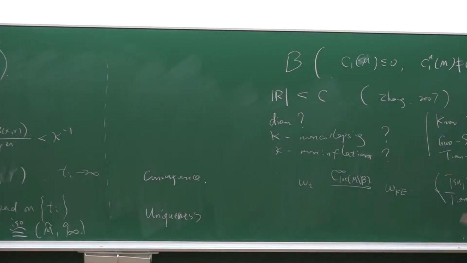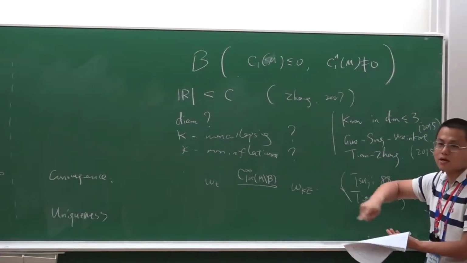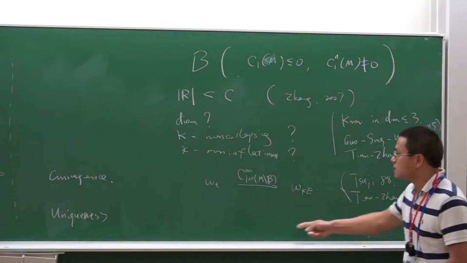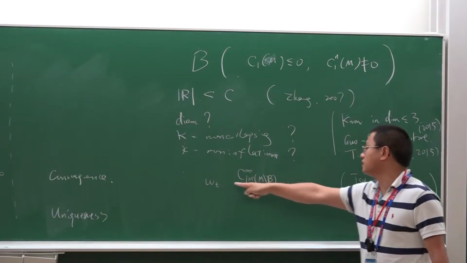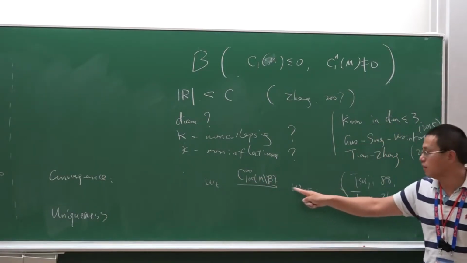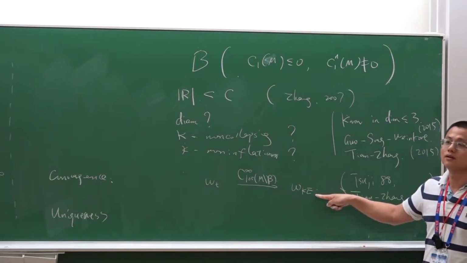But the point is, suppose the limit exists, then it must be unique, because in the convergence of the current away from the exceptional set, this omega KE is unique.